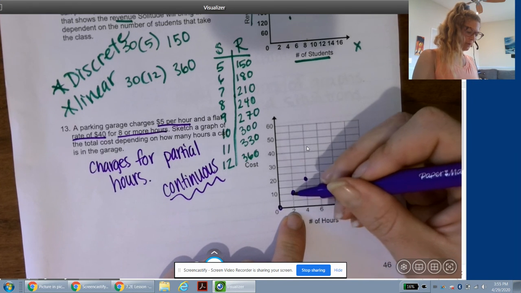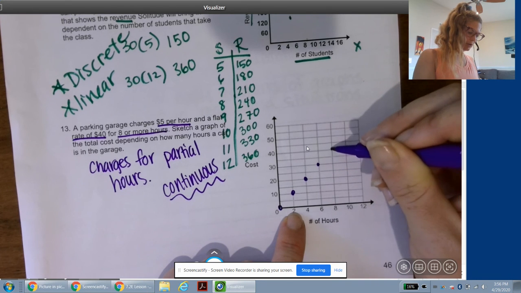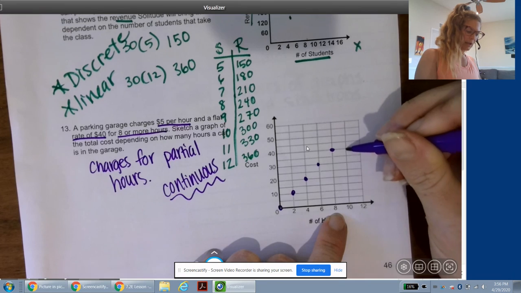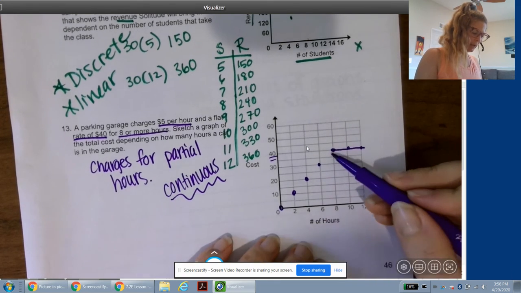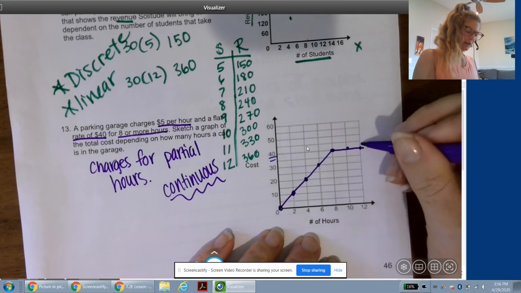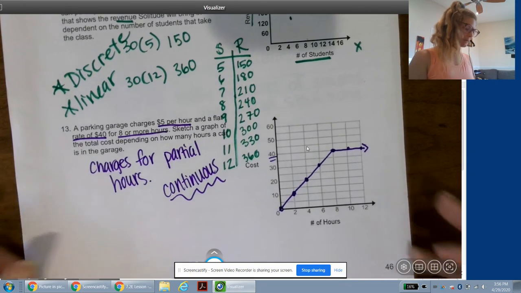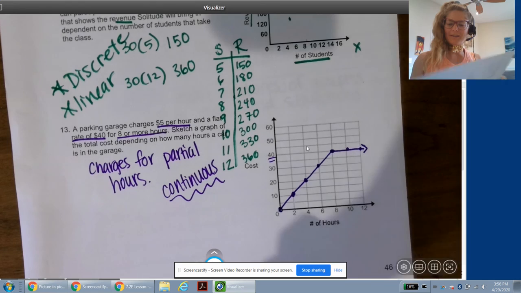So we're going to go over 1 up 2, over 1 up 2, over 1 up 2, over 1 up 2, all the way to 8. But then from here on, we're only going to get charged $40. And we can connect our graph because it is continuous since our assumption that we made. So that's a little bit of practice applying our features of graphs.